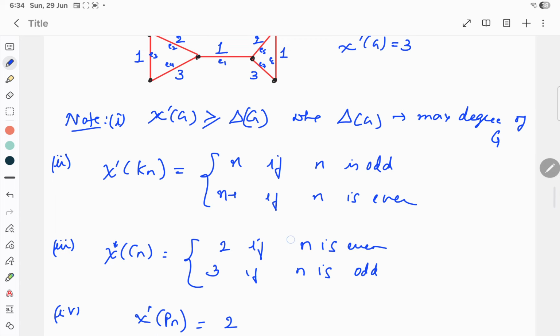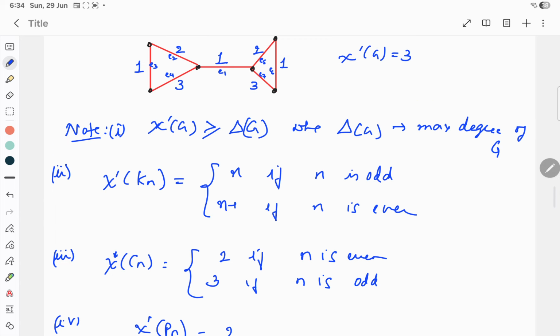Okay, so a few points. The chromatic index of G is greater than or equal to the degree of G, the maximum degree of G, where delta of G is the maximum degree of G. So chi dash of Kn is equal to n.